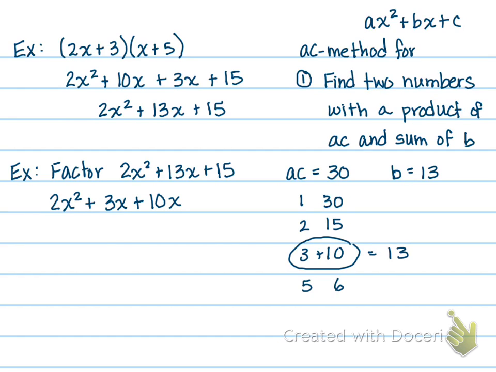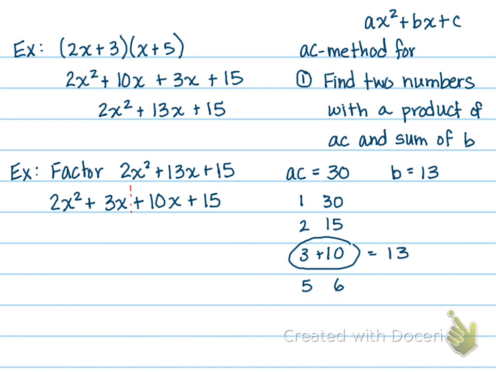So that's where I use the two numbers I just found. And then my last term stays the same. So we didn't really do anything to our polynomial here. We just split up that middle term into two terms using the two numbers that we found. And now we have four terms, so we can factor by grouping.